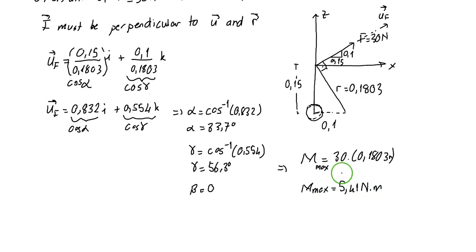So based on my F equals 30 Newton, and based on this orientation, alpha, beta, gamma, I got a maximum moment around the axis AA. Right, and this concludes the solution of this problem. Thank you.